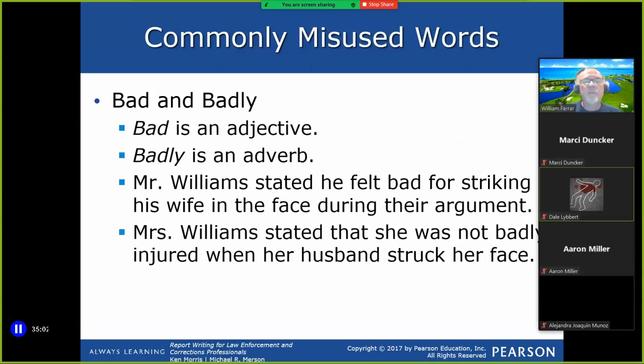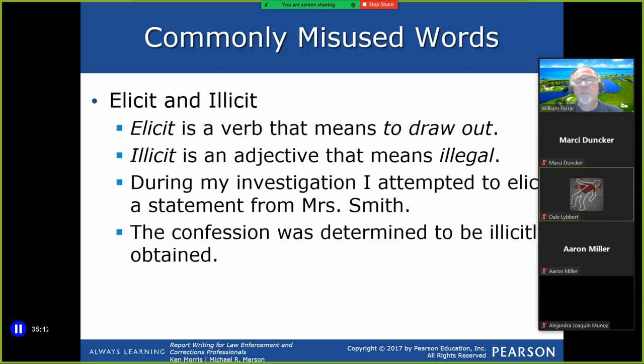Bad and badly, the same thing. Bad is an adjective, and badly is an adverb. And then I have a couple of examples there. Here's a big one that people tend to mess up as well. Okay, elicit and illicit. All right, elicit, again, I overemphasize to help me remember, is a verb that means to draw out.